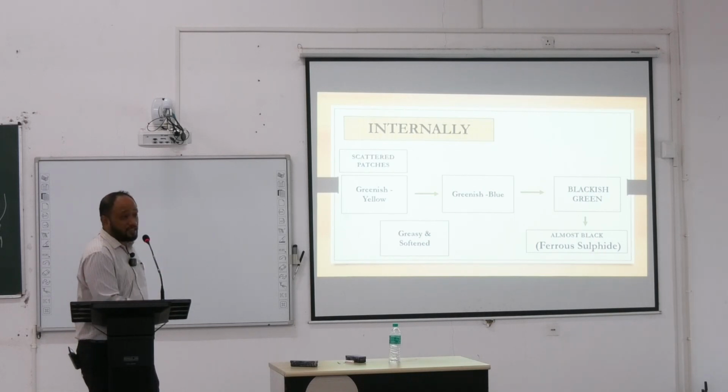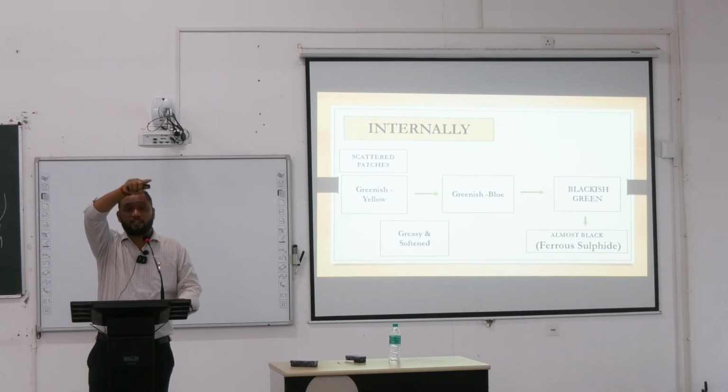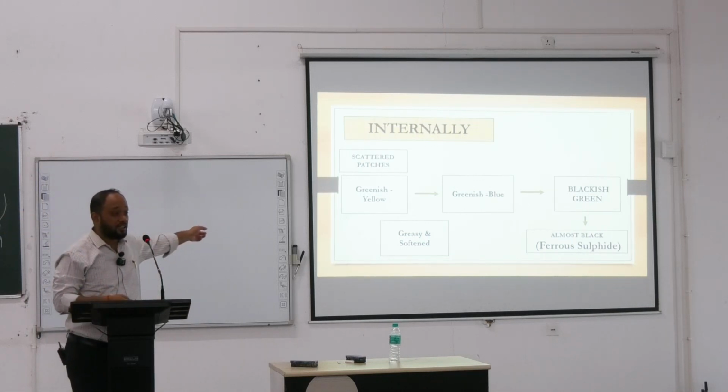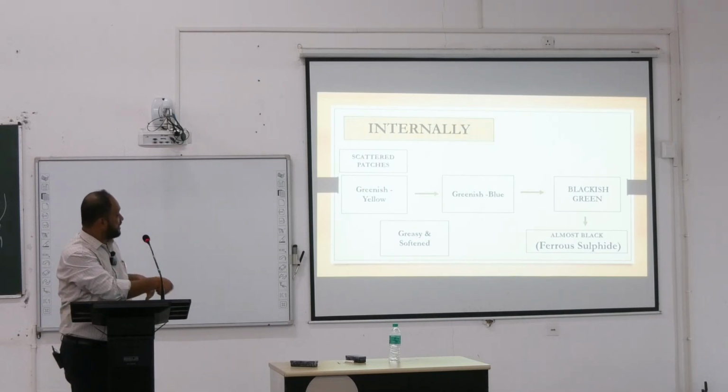Now scattered patches. First greenish yellow, from greenish yellow to greenish blue, from greenish blue to blackish green, and then black. Our same diagram: bacteria, sulfhemoglobin, H2S, ferric, then ferrous, and H2S with ferrous gives ferrous sulfide.